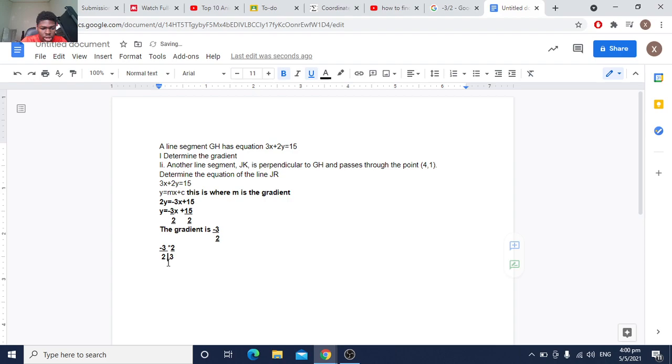So the negative 3 cancels the 3, that's negative 1 over 1. So we know that the gradient is now negative 1. We're going to reload it, then we're going to finish the question.